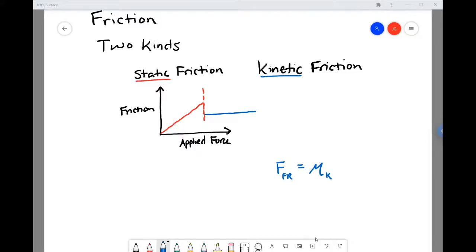Sometimes kinetic friction is called sliding friction, but then you have sliding S, static S. So let's stick with kinetic.